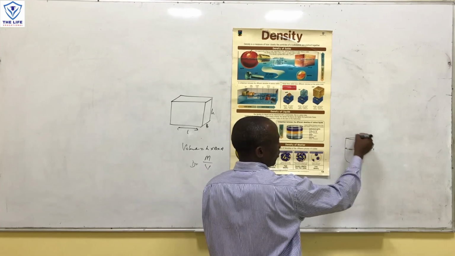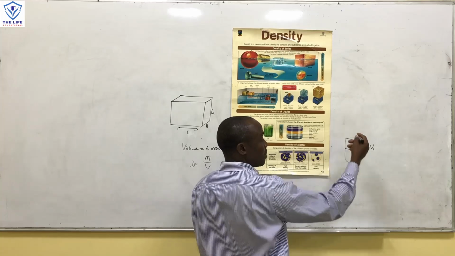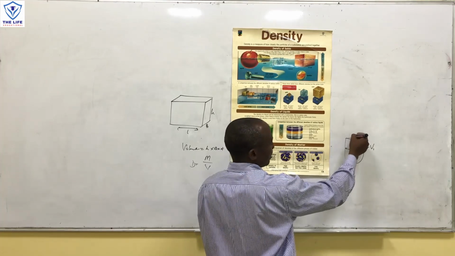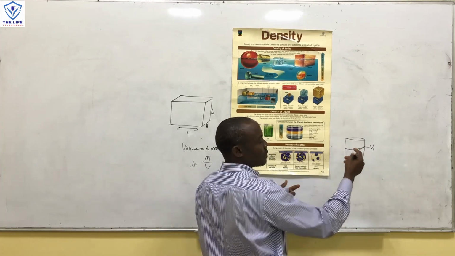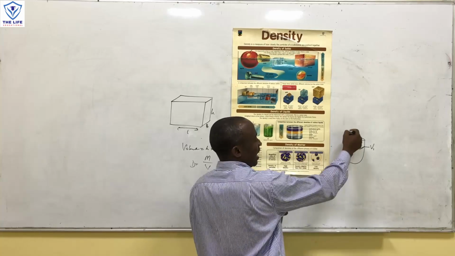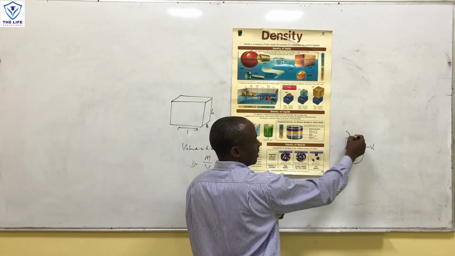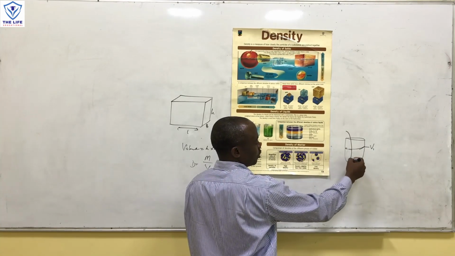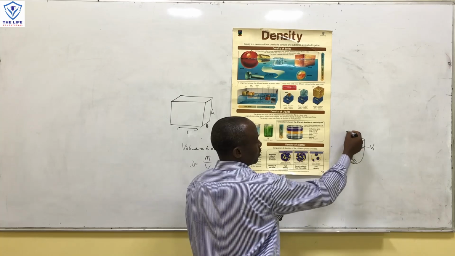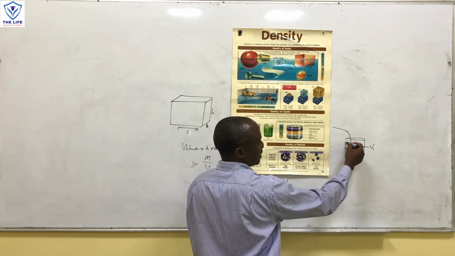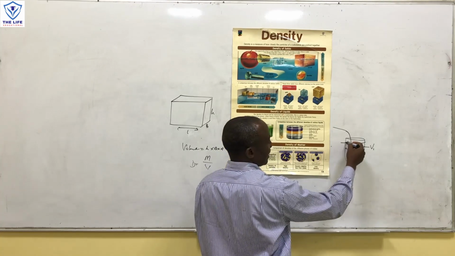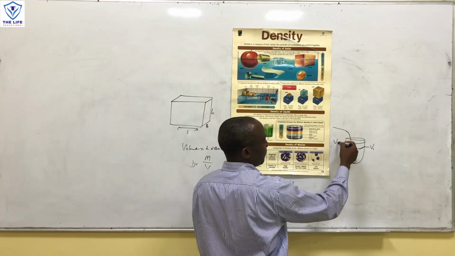Let's say that's V1. You have that object, maybe a stone or anything that is not regular. You attach a thread to it and carefully allow it to be dropped into the container, holding the thread. By so doing, the level of the water will increase. So that could be V2.